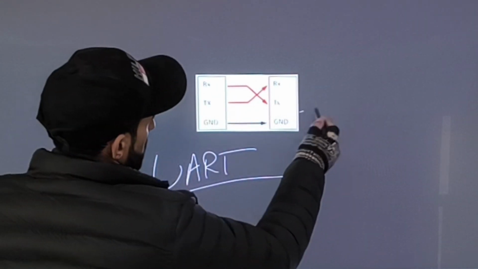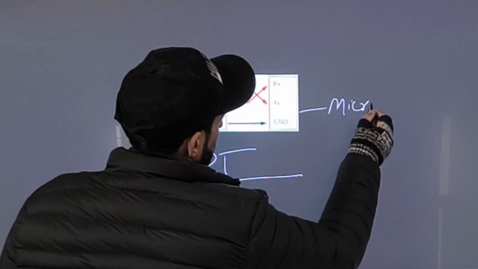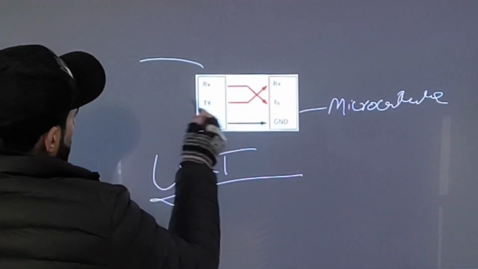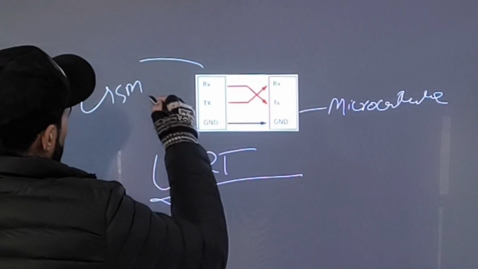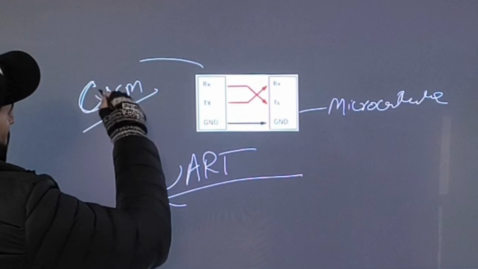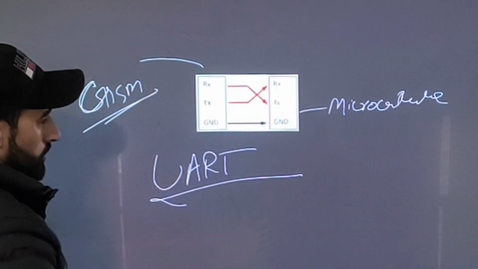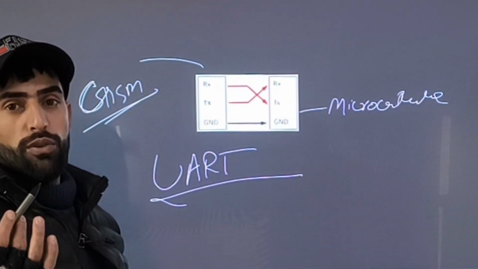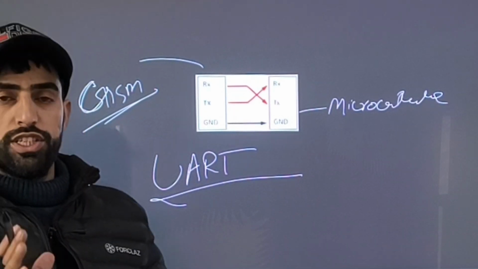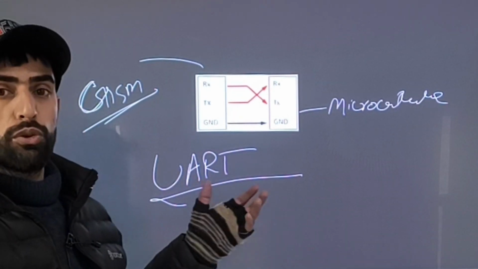For example, this is our microcontroller and this is our module, for example a GSM module. So how do we connect UART communication in order to connect a GSM module to our Arduino or microcontroller?